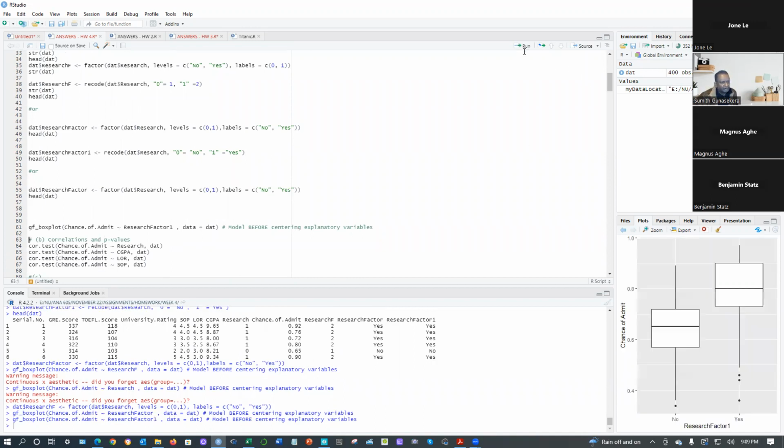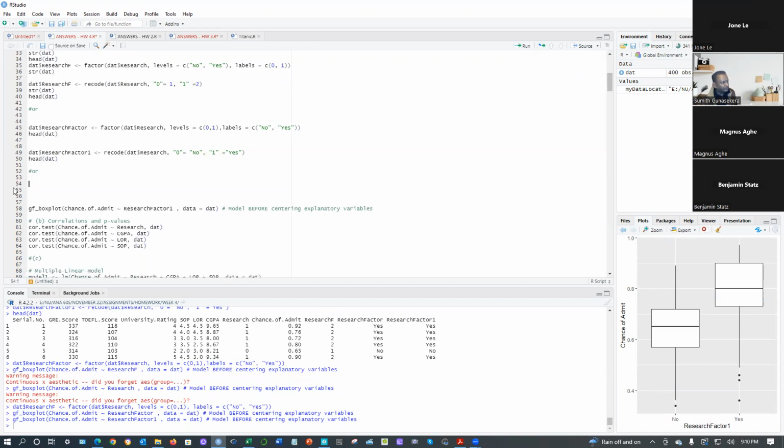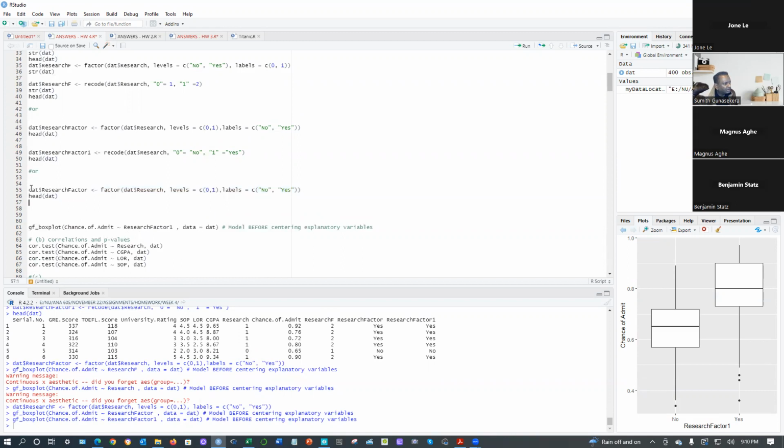Somehow, that's good. Works. So this one, level 0, 1. You don't need this one. That's the same thing. Let me check one more time before I take it out. Research factor, data research level 0, 1 label. Yeah, that's the same thing.